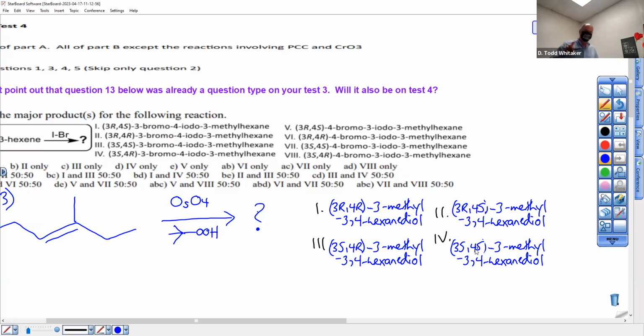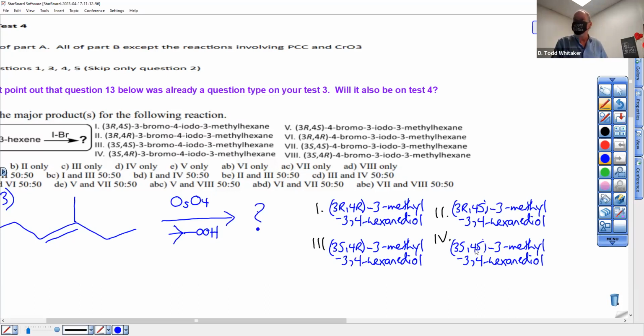Okay. And you're saying this reaction is not relevant for test 4? I want to remind you, there's a reaction in chapter 4 that uses vicinal diol. I think the reaction that makes vicinal diols became a relevant review reaction immediately as soon as you start chapter 10, title, alcohols.